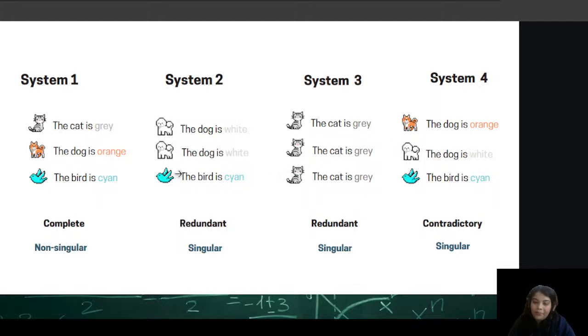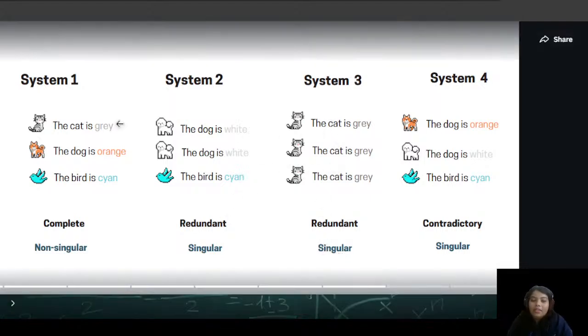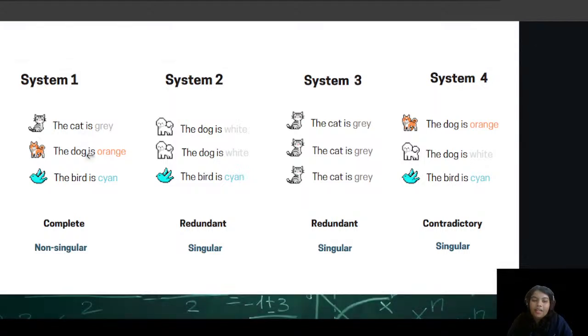So to recap, these elements of cats, dog and bird are helping us clear the concept of a singular system. If we are dealing with, let's say, three separate linear equations here, then we can conclude whether the system is redundant or complete or contradictory, singular or non-singular.